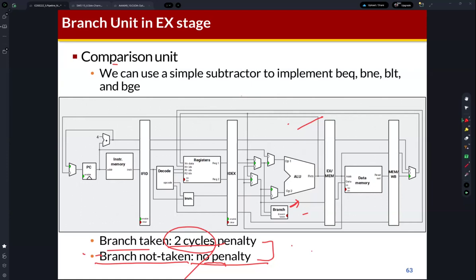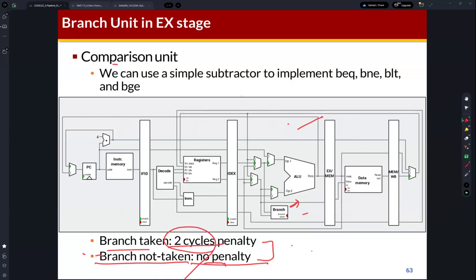I explained that the performance drops by the branch instruction are caused by the timing of the branch result, which means that the branch is determined late.